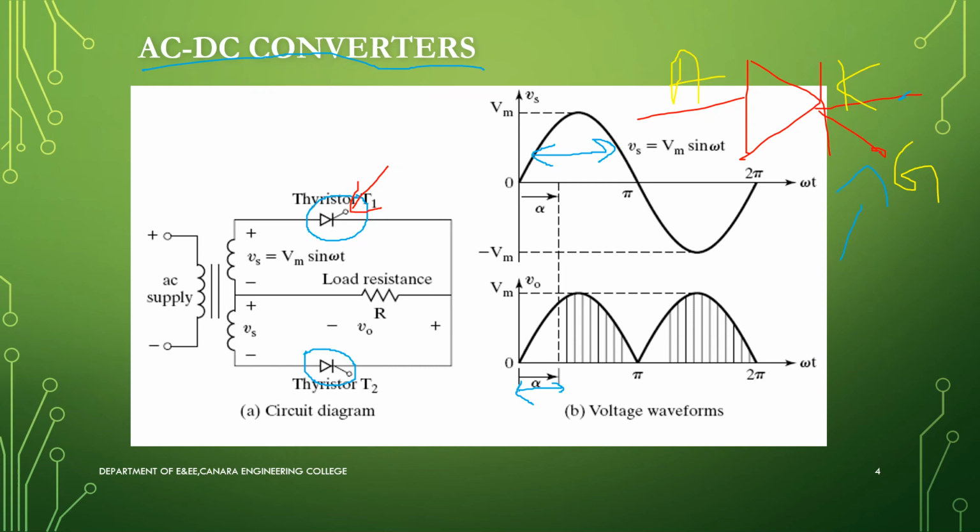That means from 0 to alpha, you have not applied any gate signal. At instant alpha, you are going to apply the gate signal. So what will happen? The thyristor starts conducting at this particular point. Clear? So till then, the thyristor is not conducting.